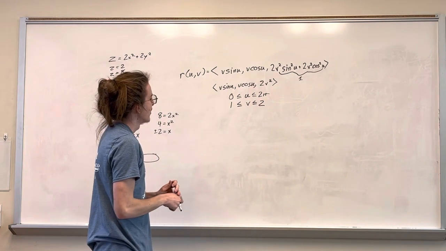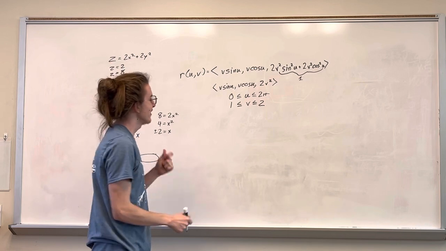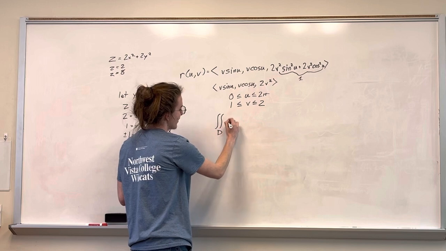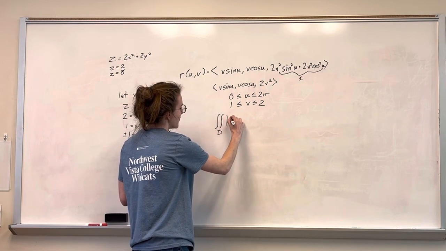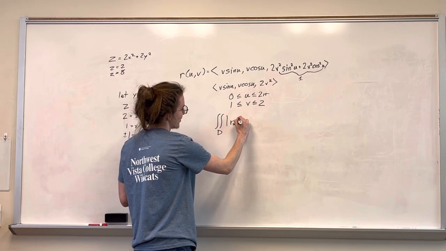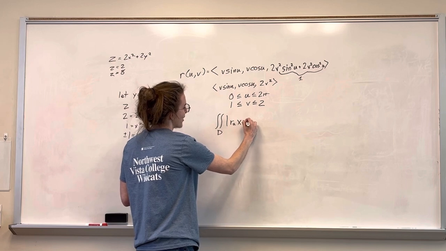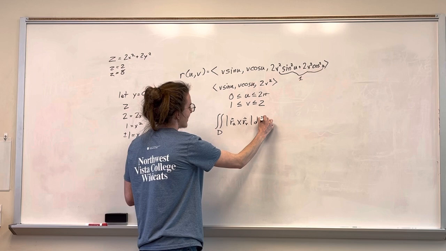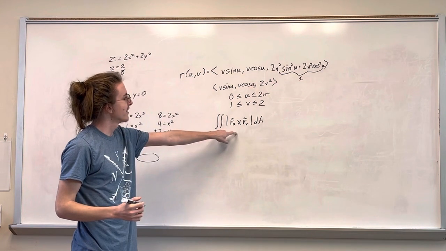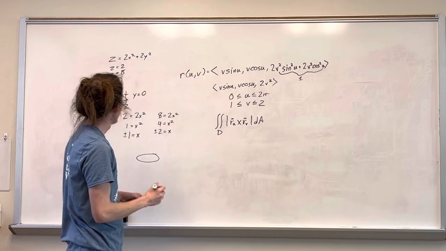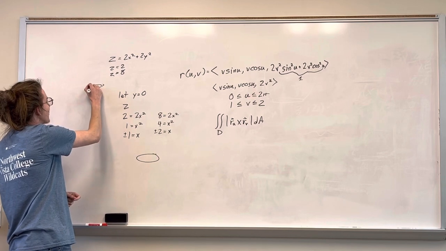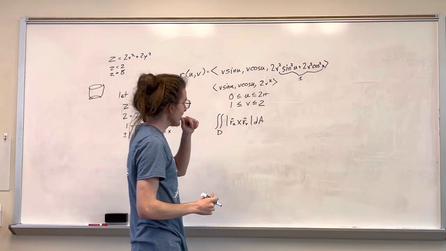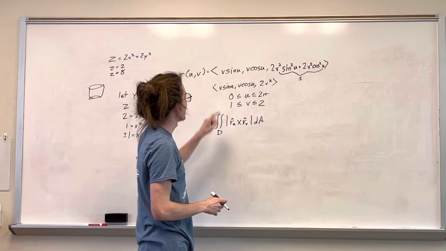Now, in order to integrate it, the formula states that the double integral of the magnitude of the cross product of r partial u and r partial v, dA, will find the surface area of the solenoid. So let's take some partials.